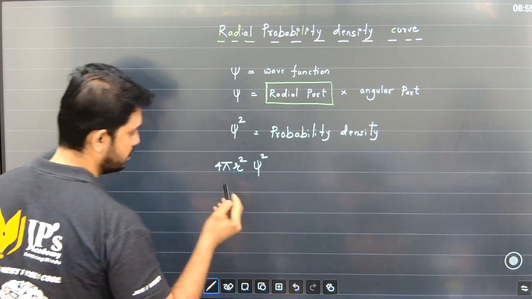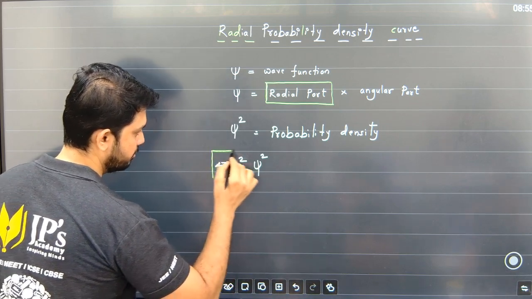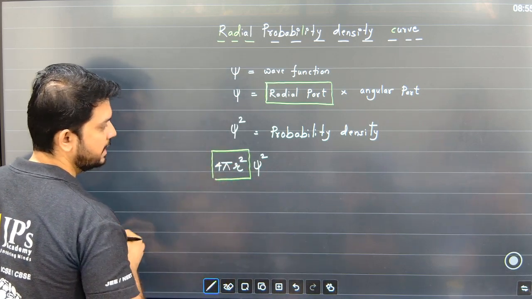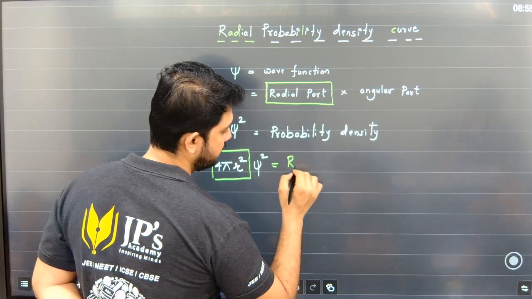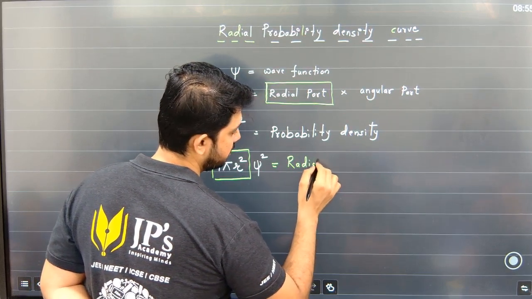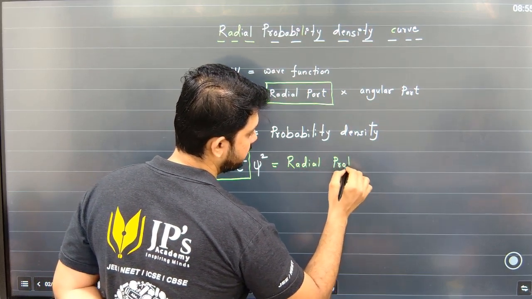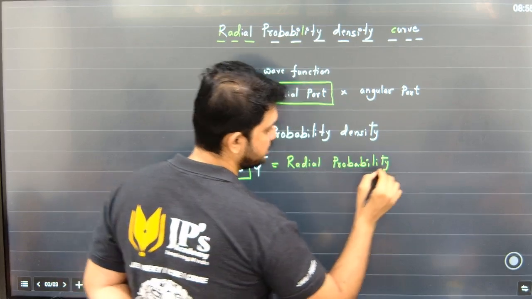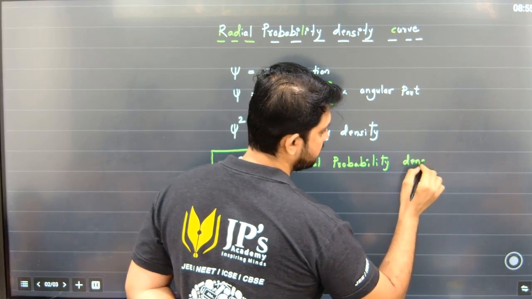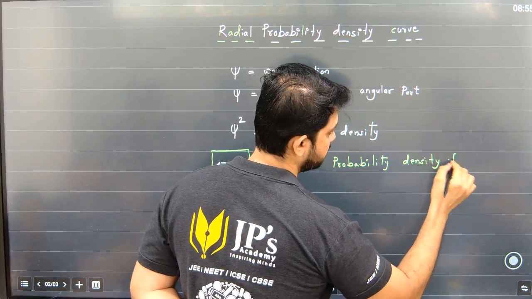I'll explain where this part came from. 4 pi r square psi square is called the radial probability density function.